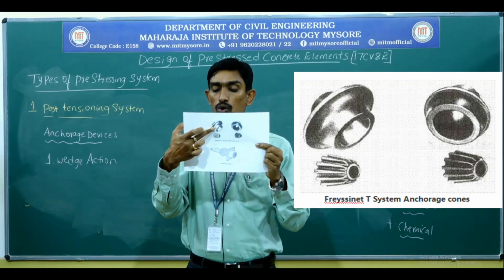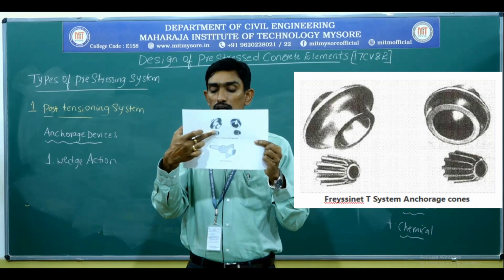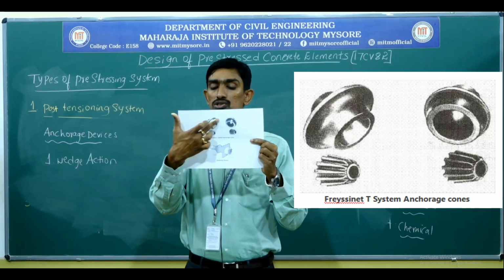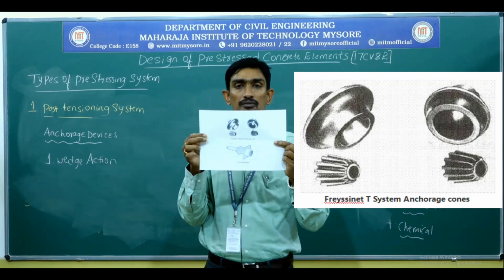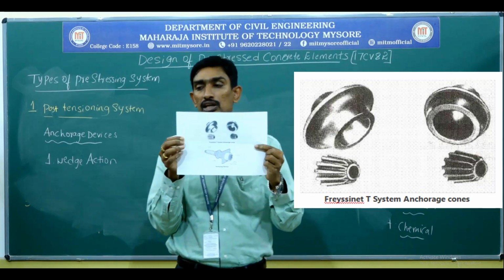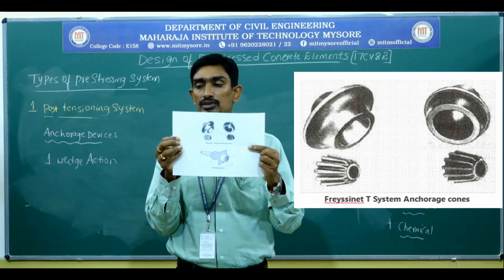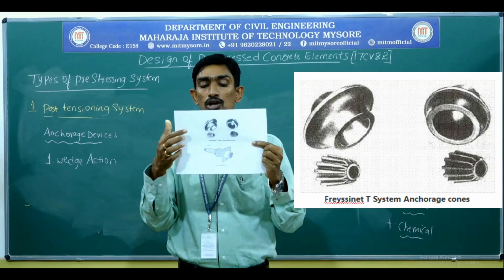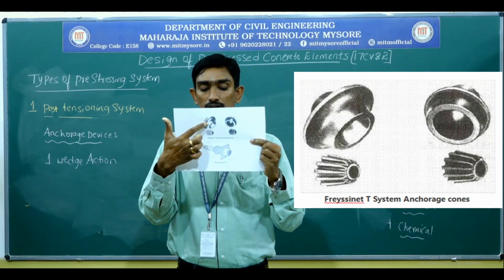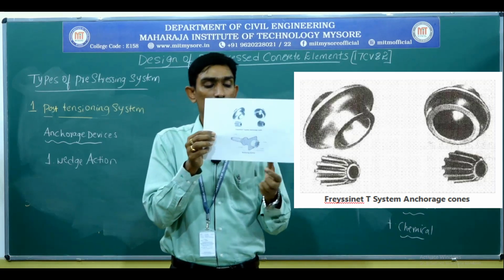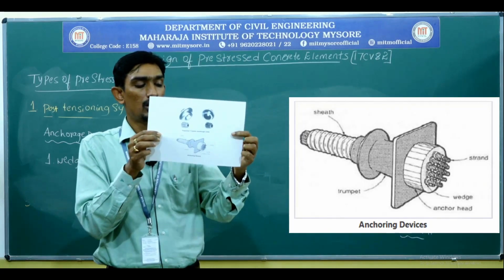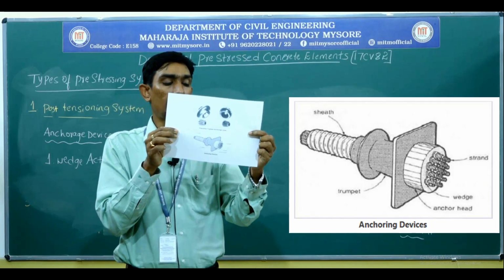You can see these are all the cones, the conical shaped cones, and these are the widely used wedge cones in one type of post-tensioning system. So these wedges are widely used. And in the bottommost figure you can see how it has been anchored.